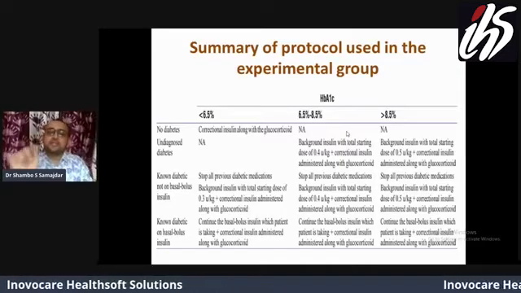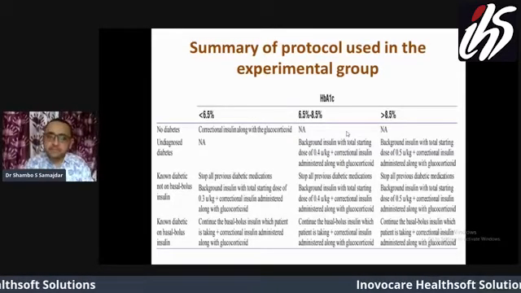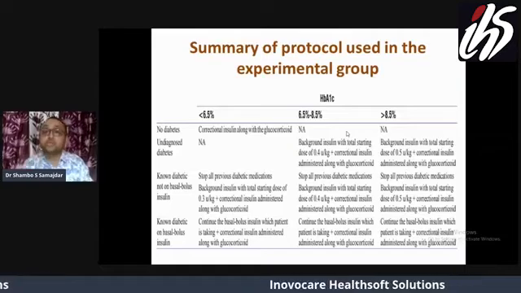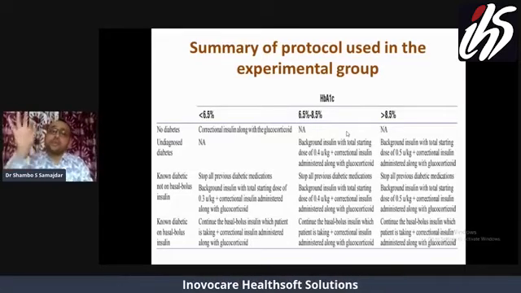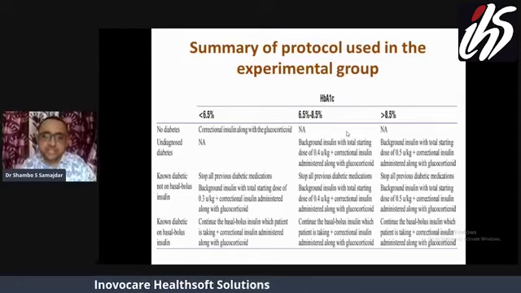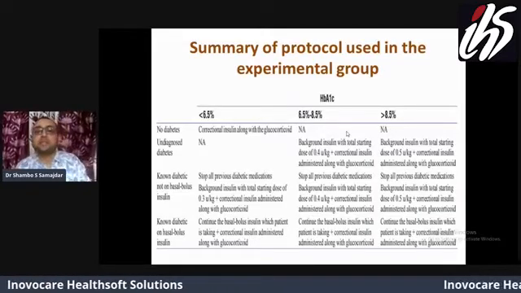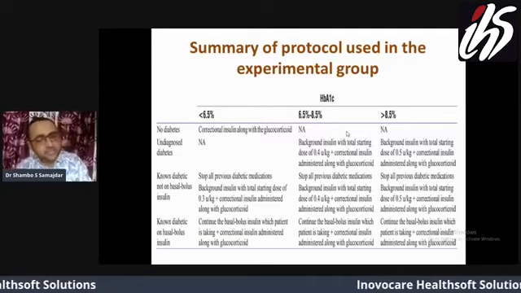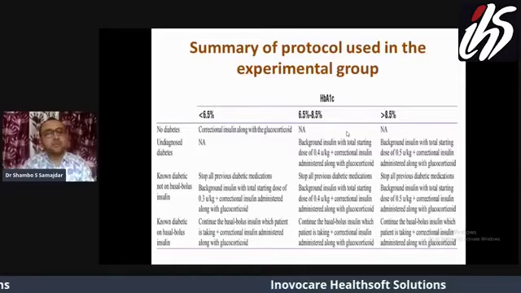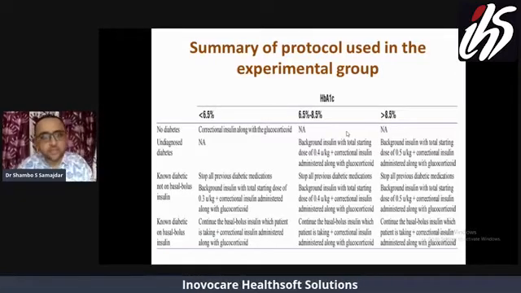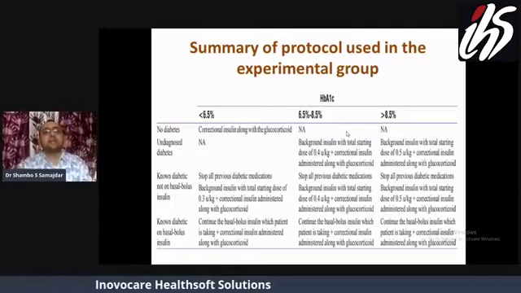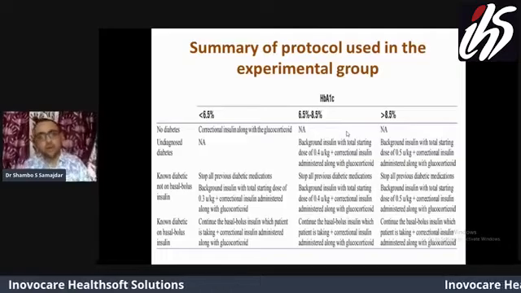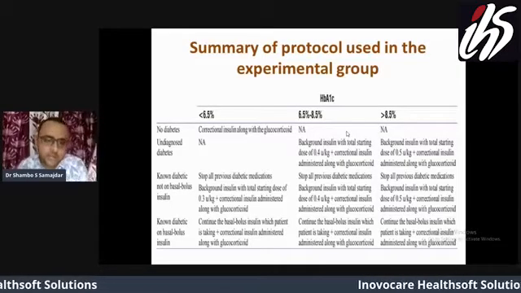If it is less than 6.5% and the patient is not a known diabetic, we can give one dose of correctional insulin along with that methylprednisolone, and that can be NPH with the methylprednisolone. If I am giving methylprednisolone once daily, that can take care of the whole glycemic load.